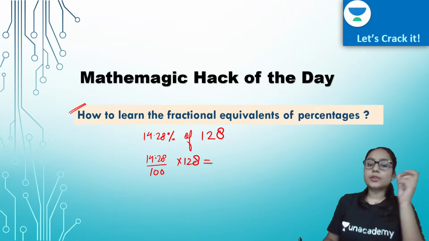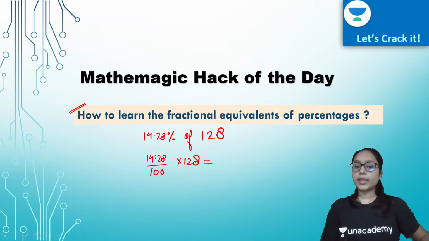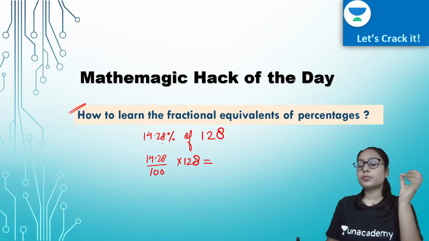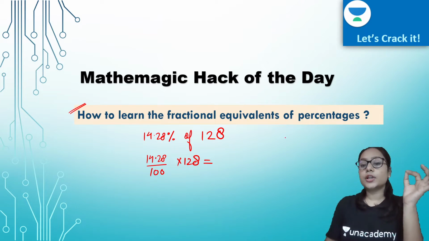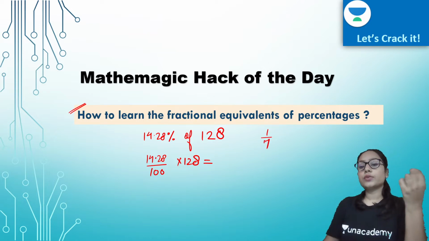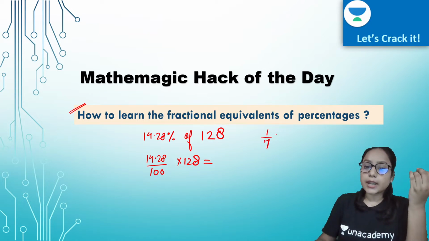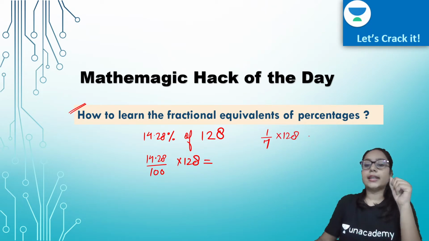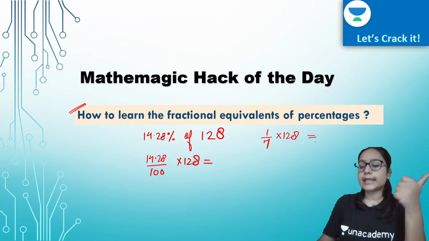Doing this calculation will take time, but if you know the fractional equivalent of 14.28, it is equal to 1 by 7. So you will just multiply 1 by 7 with 128 and you will get the answer. As simple as that.